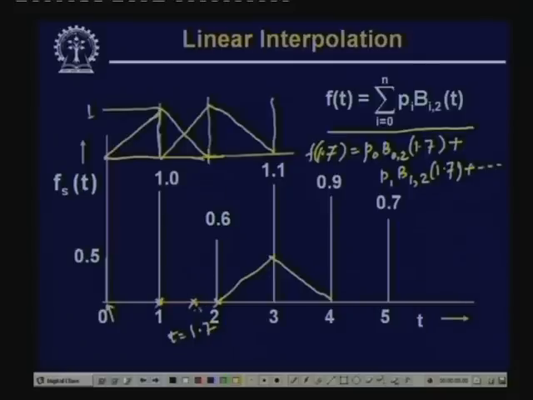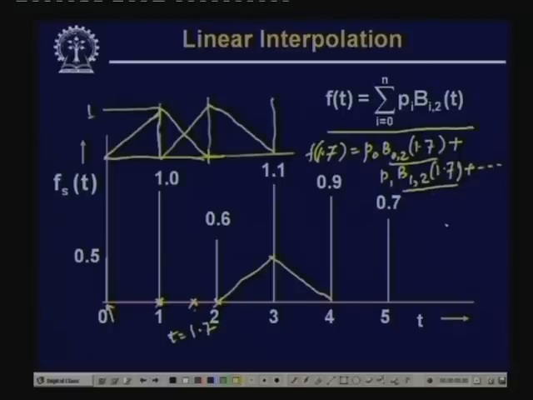So, only contribution that we get at t equal to 1.7 is from the sample f 0 and from the sample f 1. Okay. So, using this I can estimate what will be the value of b 0 2 at 1.7, I can also estimate what will be the value of b 1 to 1.7.